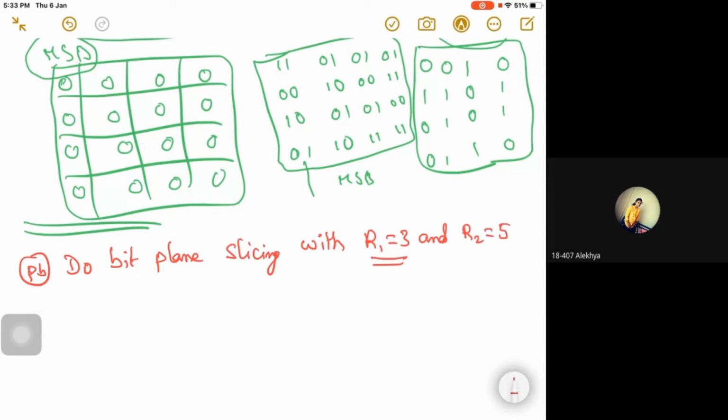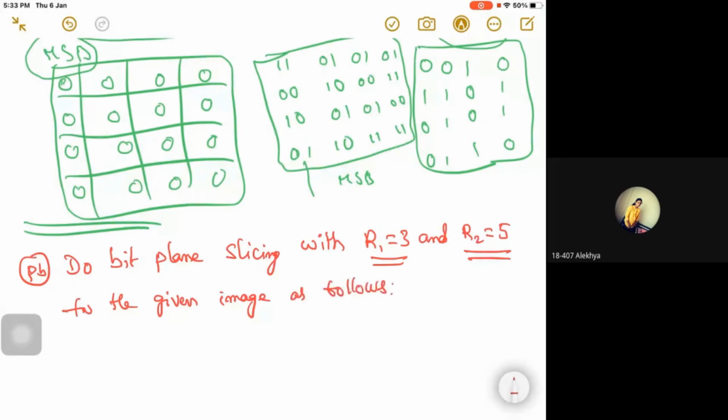So here 2 ranges are given, R1 equals 3 and R2 equals 5, for the given image.